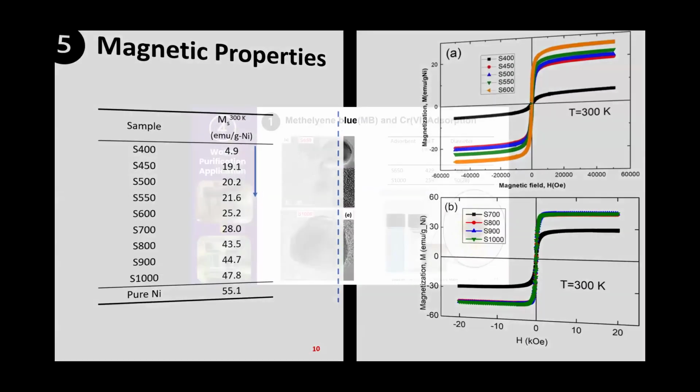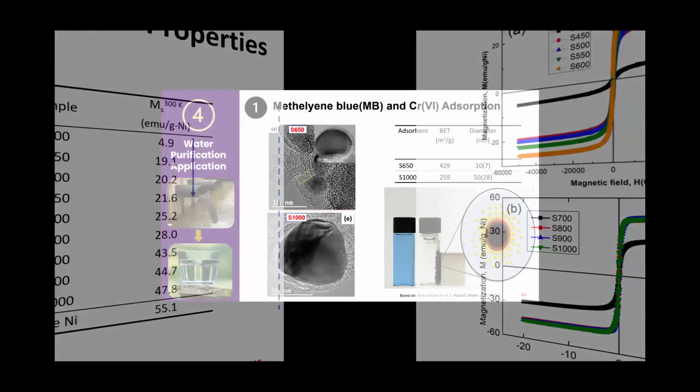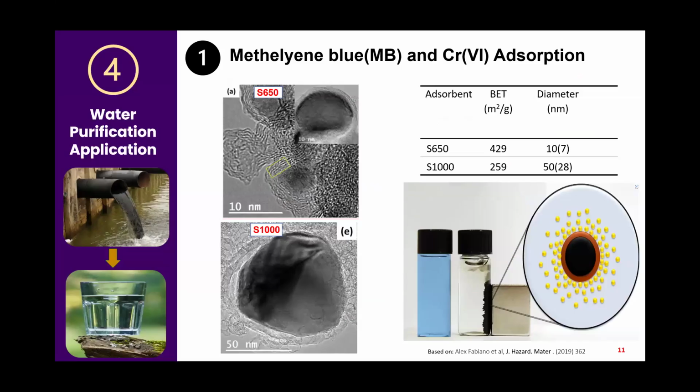So how can we, with respect to this investigation, apply this material in day-to-day applications? Searching for the best matching application, we found water purification, due to the pores of the turbostratic or amorphous carbon that we have in the background.